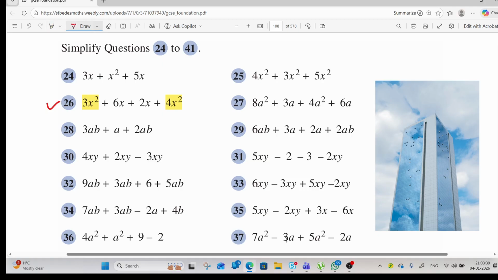This is what I'm asking. What are the like terms? So 4 plus 3 is 7. So you get 7x square.